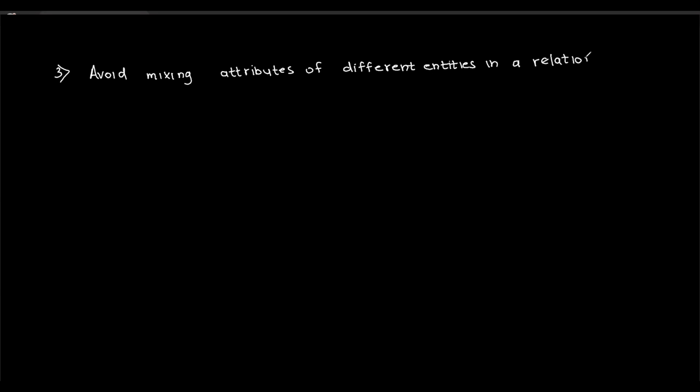Don't do this. The attributes of different entities should be kept in different relations. Attributes of different entities must be stored in distinct relations.